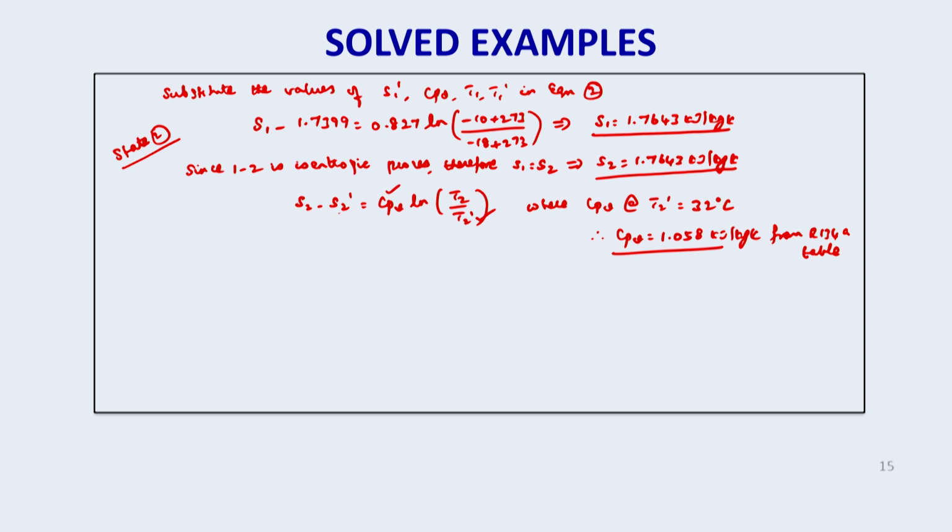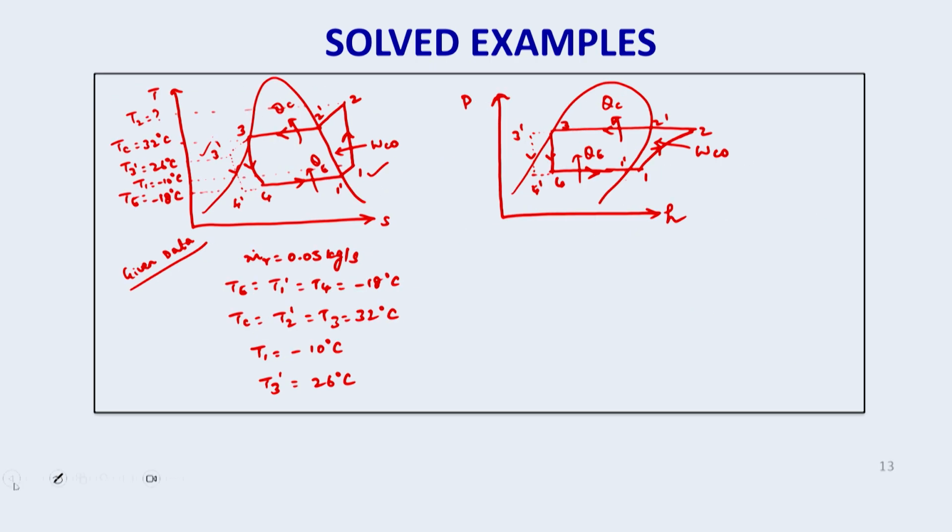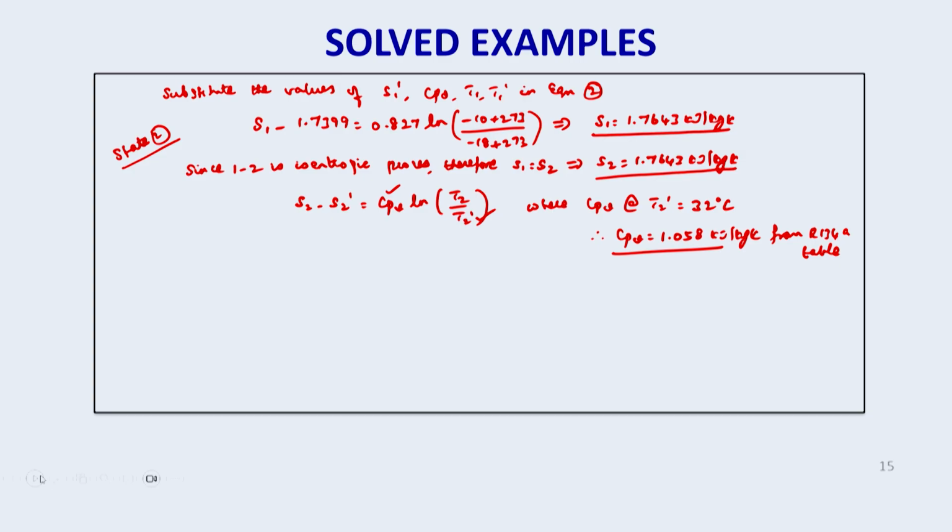S2 dash can be easily found because S2 dash is lying on the saturated vapor line. Let this be equation number 3. S2 dash is equal to vapor entropy at T2 dash, which is 32 degrees centigrade.